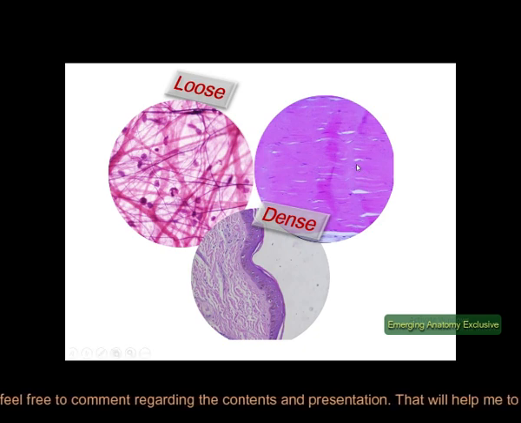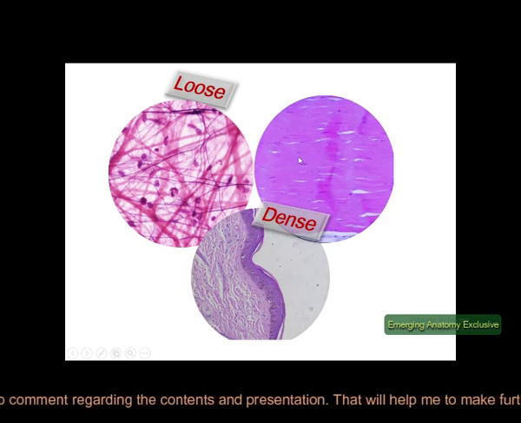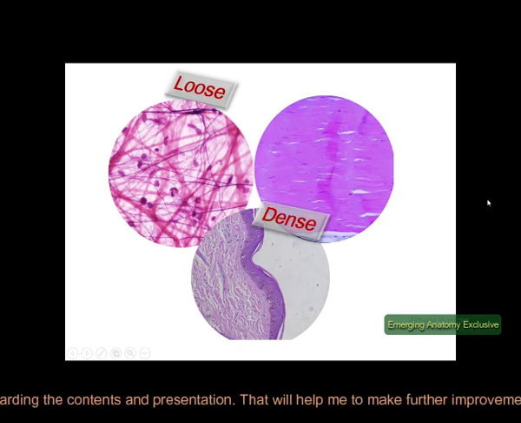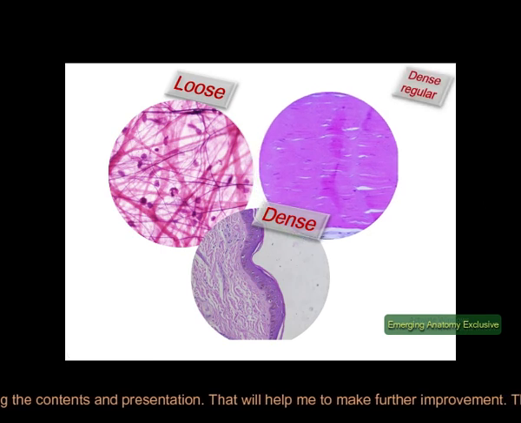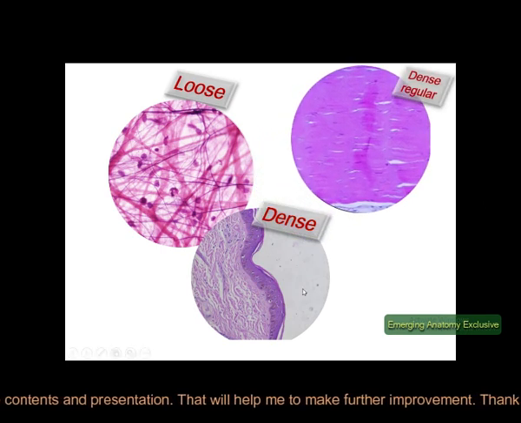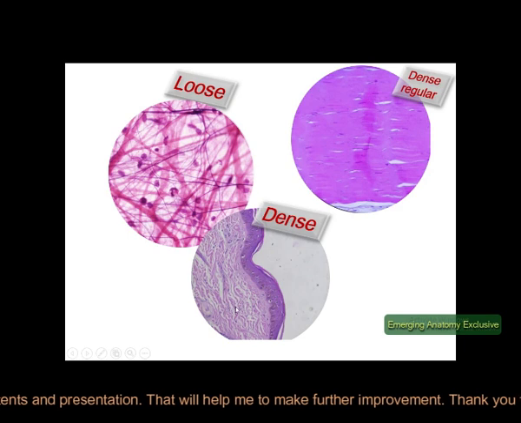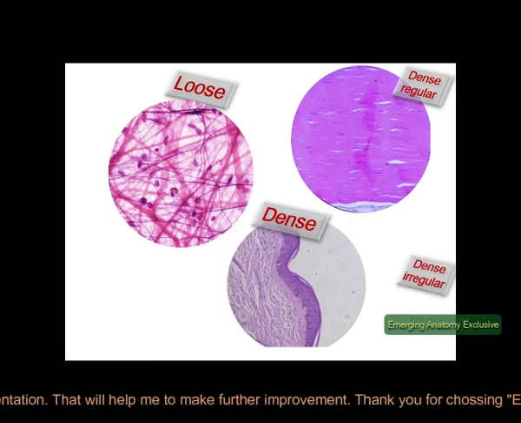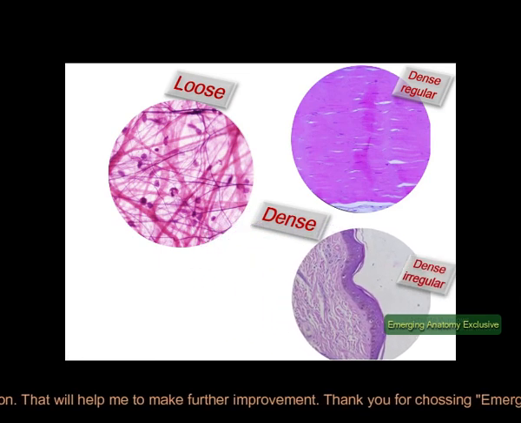Among the dense connective tissue, here the direction of the fibers is uniform and they are arranged in the same line. So we will call it regular, dense regular. And here the fibers are arranged in different directions. So we will call it irregular, dense irregular.